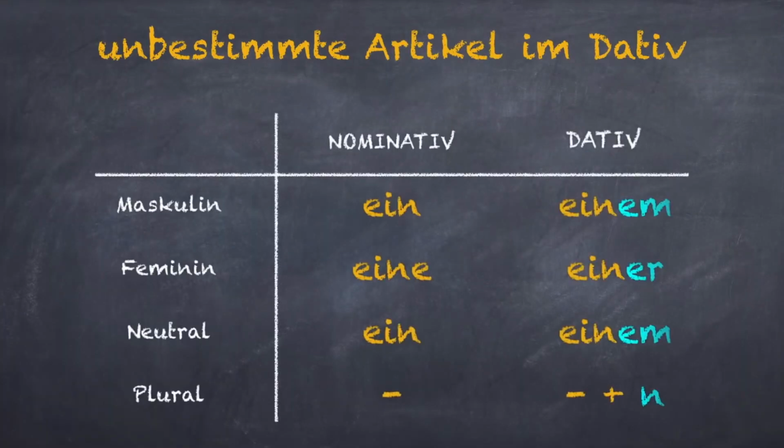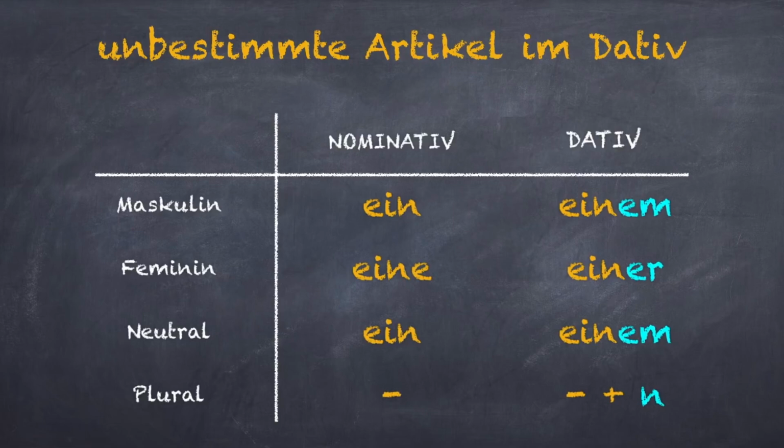Let's look at these articles together. Unbestimmte Artikel im Dativ. For masculine, ein changes to einem. For feminine, eine changes to einer. For neutral, ein changes to einem.